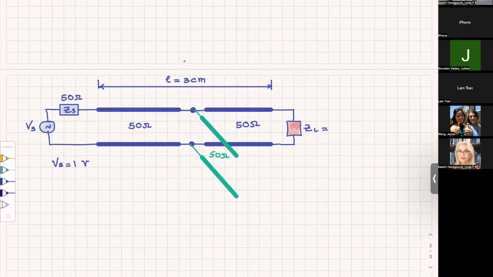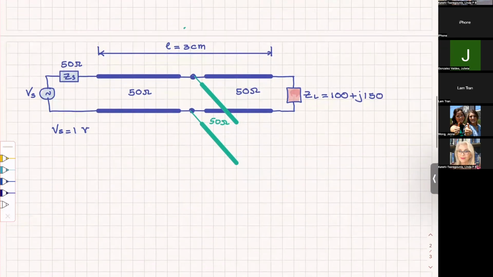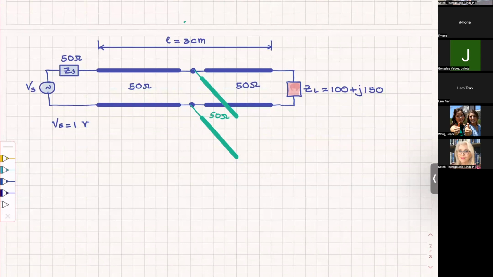Now, how are we starting to solve this problem? First of all, we are going to normalize everything to 50 ohms because all of the transmission lines are 50. So we'll normalize all of the impedances to 50 ohms.